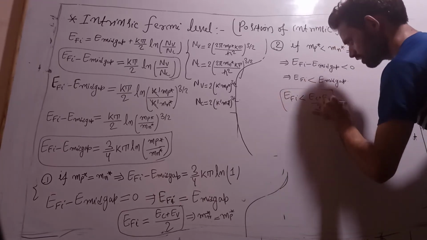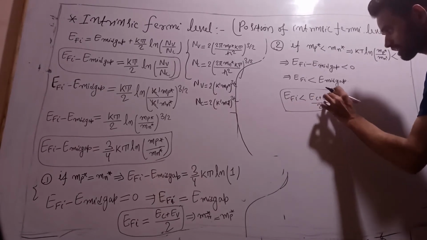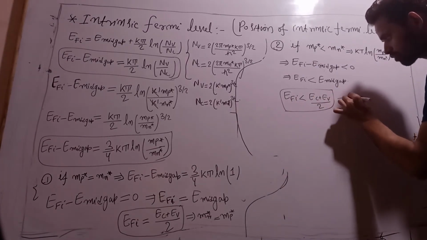EFi means the Fermi energy level. The position of the Fermi energy level is less than EC plus EV by 2 for what?